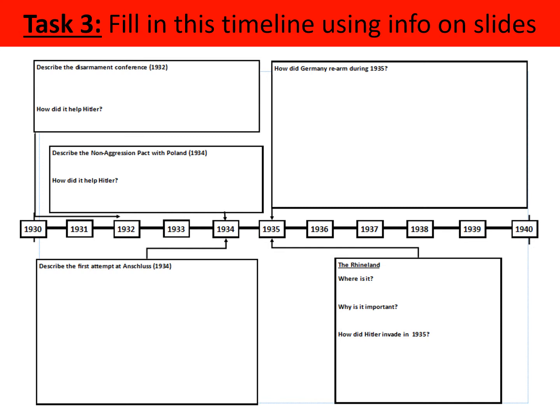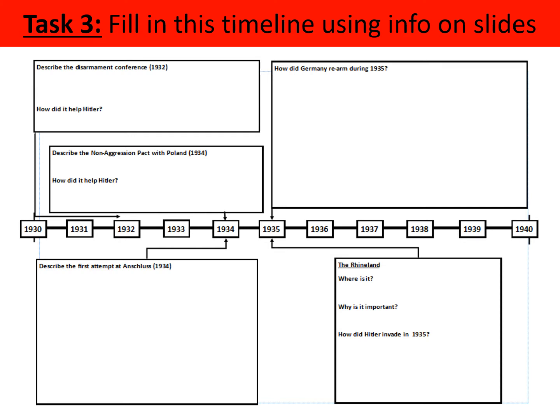So rather than you taking loads and loads of notes, what I've done is I've created a timeline from the 1930s to 1939, and on it I've picked out the key moments. I've shown you what year they take place, and I've asked you some questions so that you can take basic notes.